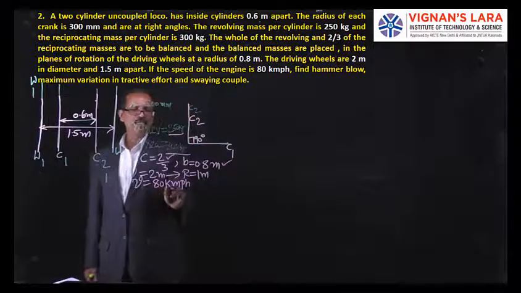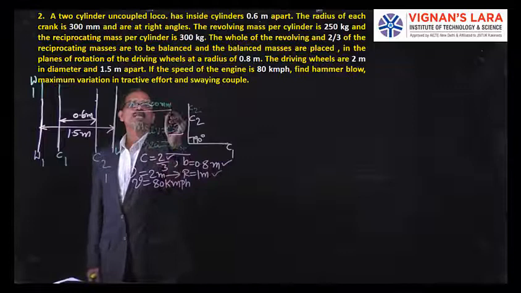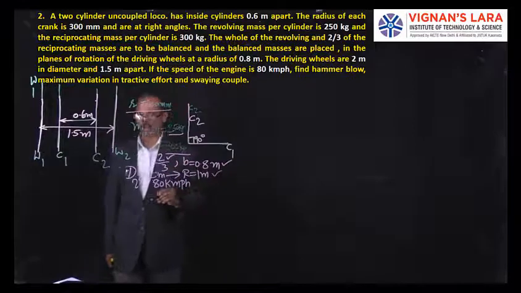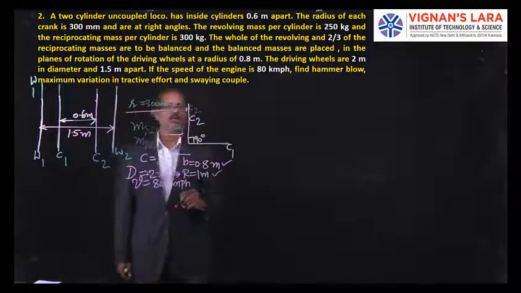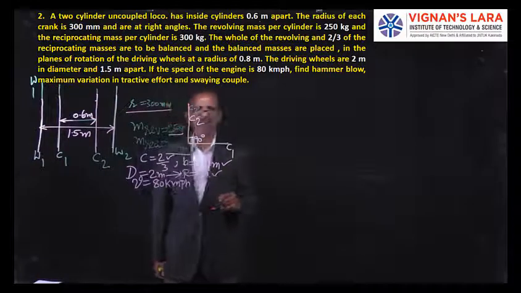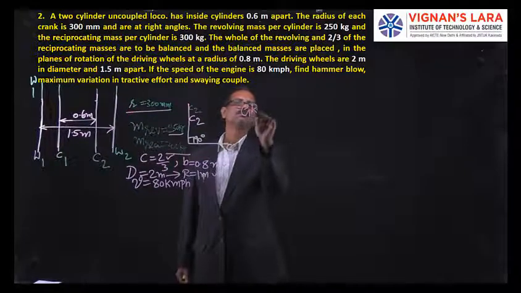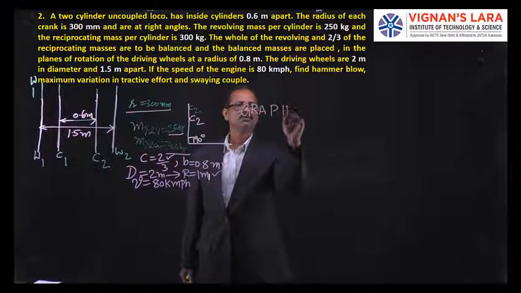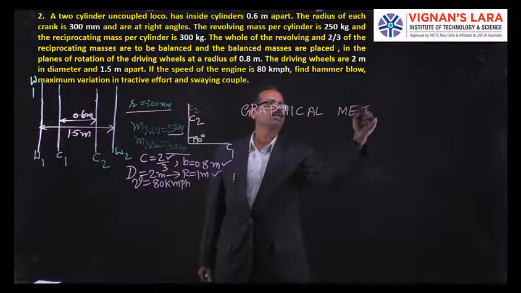The velocity is 80 kmph, and the diameter of the wheel is 2 meters, so the radius is 1 meter. The radius of the crank is given, R is equal to 300 mm. This problem can be solved very easily with the graphical method, so I will adopt the graphical method.